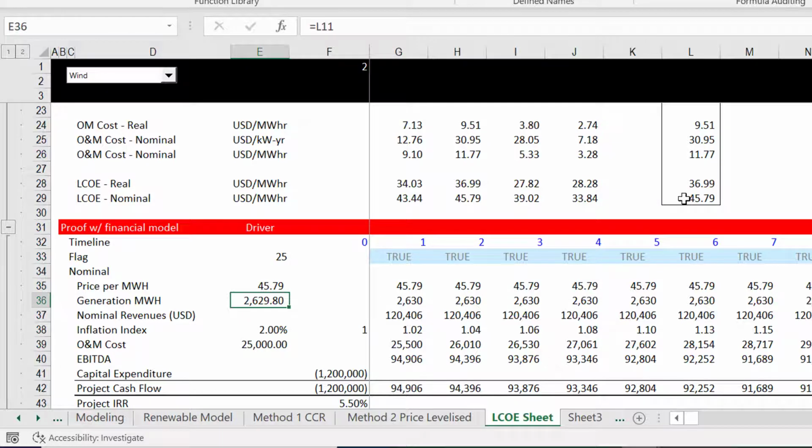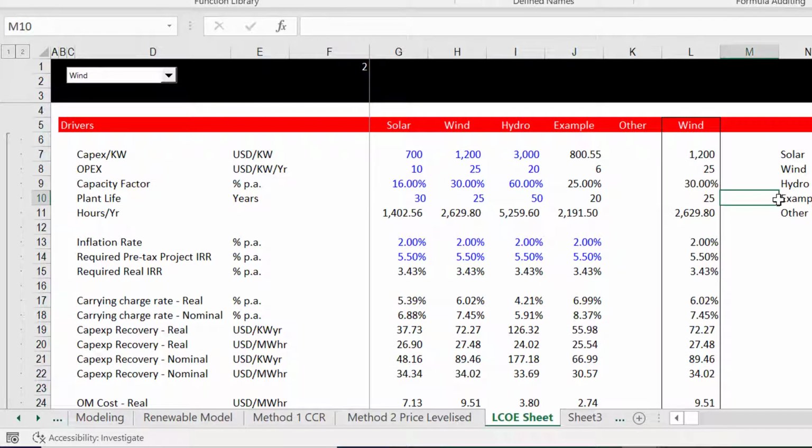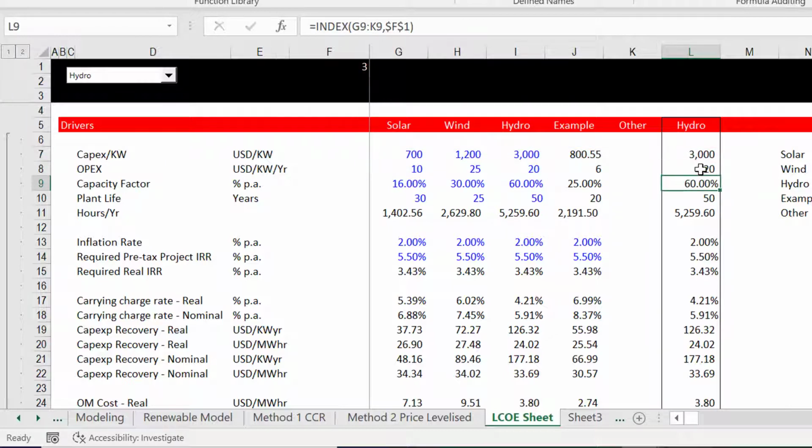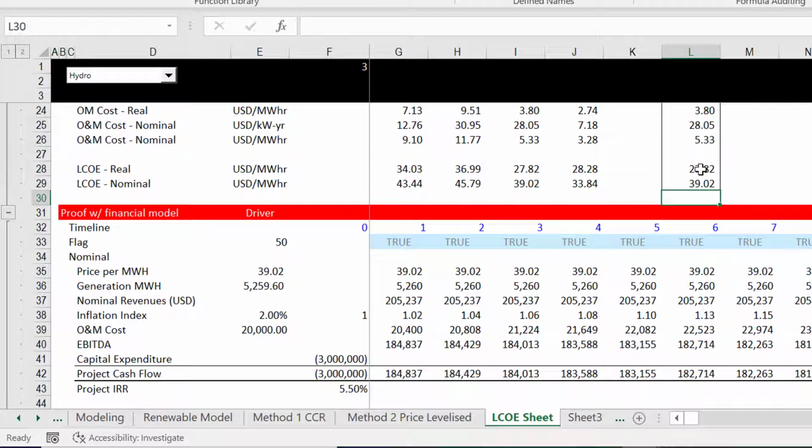And then we get the generation from up here, and what I did was just put a little index function with a code number here, and this index function just picks one of the projects. No big deal.